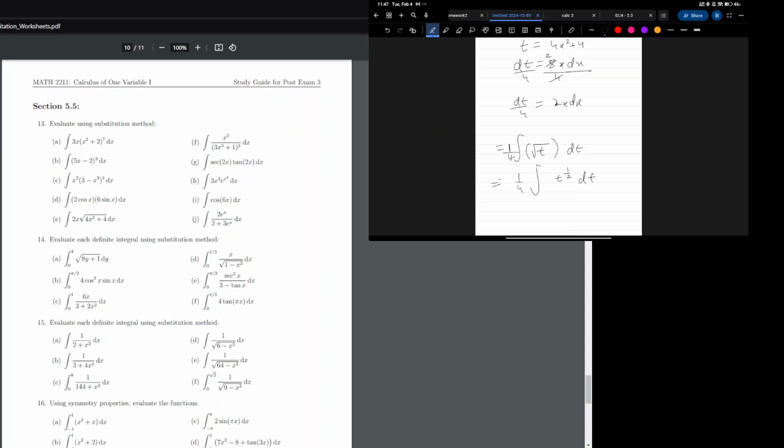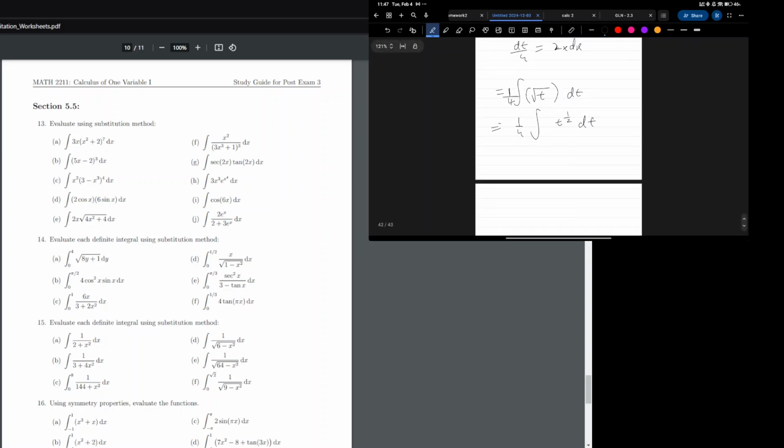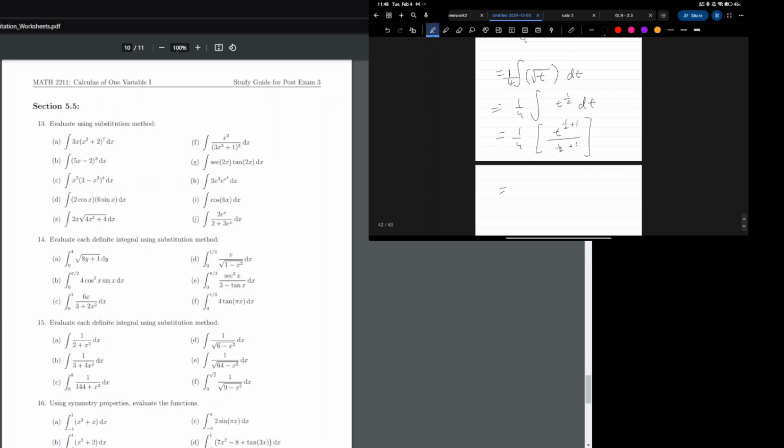And now normally we would antiderivate this: increase the power by 1 and divide by that power. 1 over 4, and the integral goes away because we have solved the antiderivative. t to the power 1 over 2 plus 1, that's 3 over 2. 1 over 4, t to the power 3 over 2 over 3 over 2.